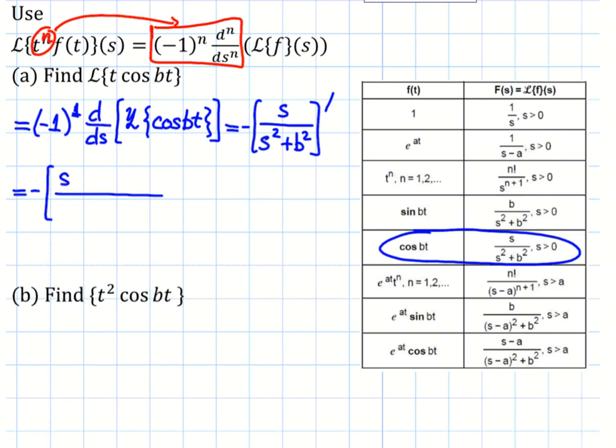It will be the derivative of the top, which is 1, times the bottom, subtract the top times the derivative of the bottom, over the bottom squared.